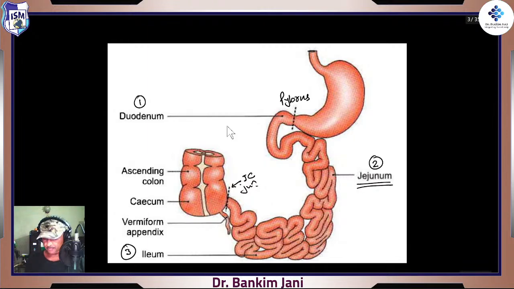Regarding the jejunum and ileum, they are a continuous tube. The upper 2/5 and the lower 3/5 are the jejunum and ileum respectively.